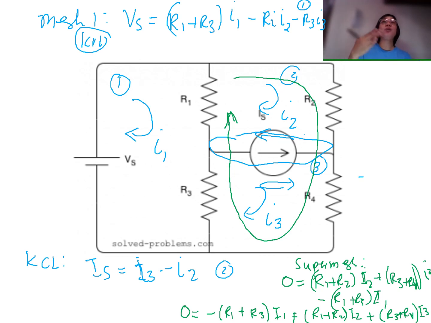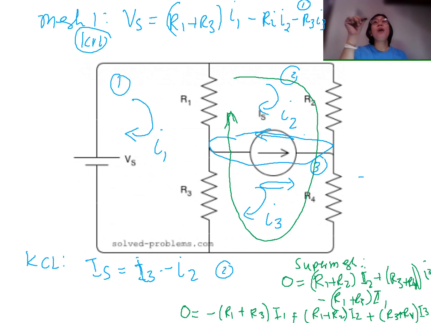The super mesh is also a mesh equation, but we remove the branch where the current source is located. So instead of 3 KVLs, you will only have 2 KVLs and 1 KCL.